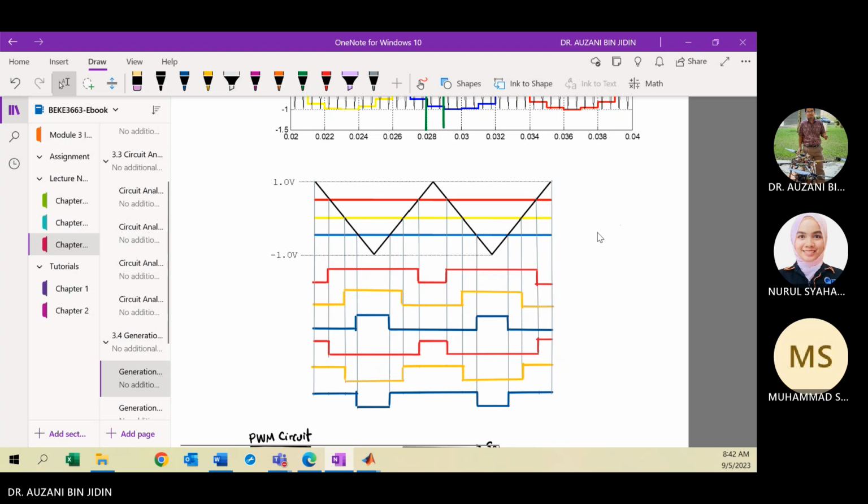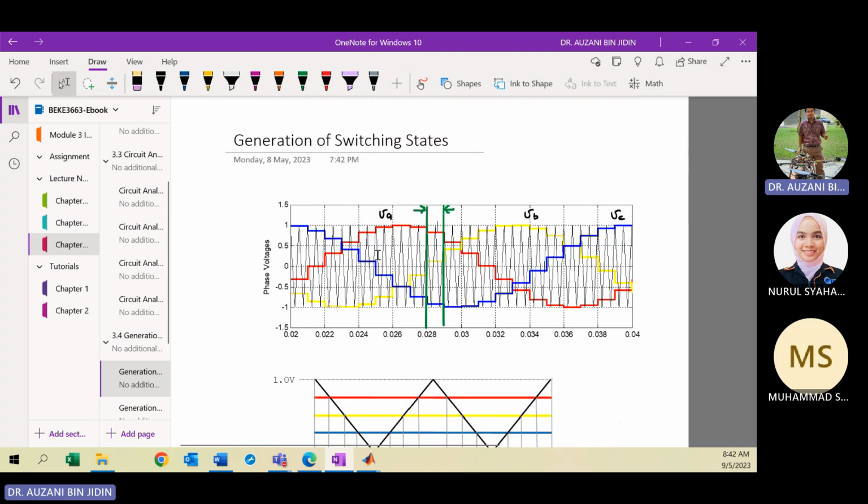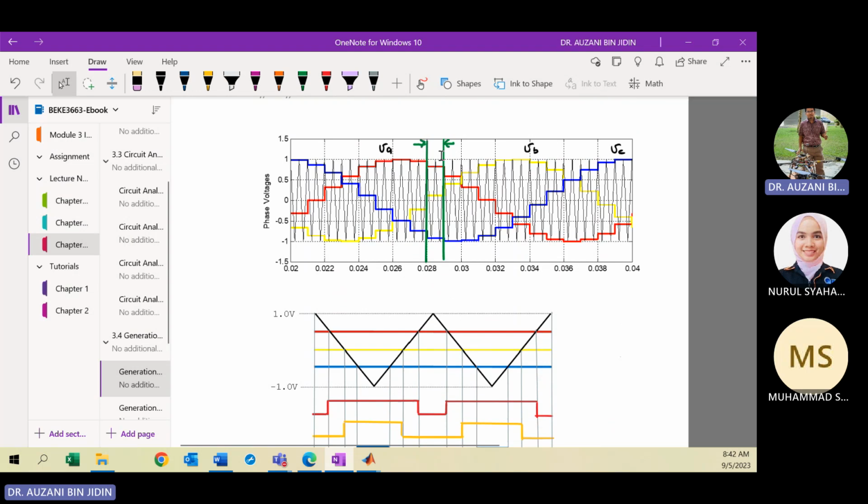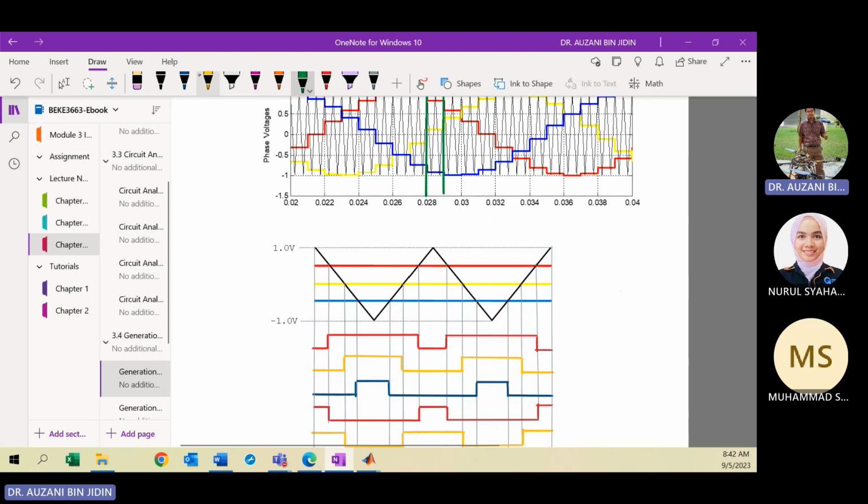You consider your simulation, all the wave shapes are plotted using discrete mode or discontinuous mode, so you have sample and hold. That's why your VA, VB, VC are plotted in staircase wave shape. So by considering this interval, you get the three wave shapes VA, VB, VC in straight lines here. The red color is VA, the yellow color is VB, the blue is VC.